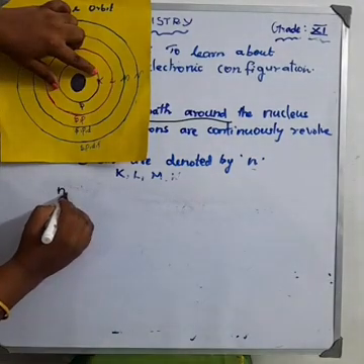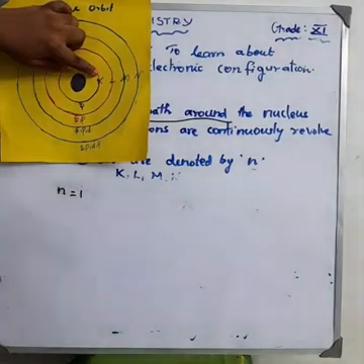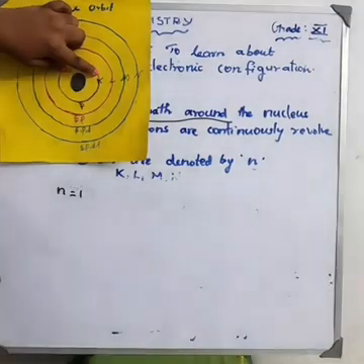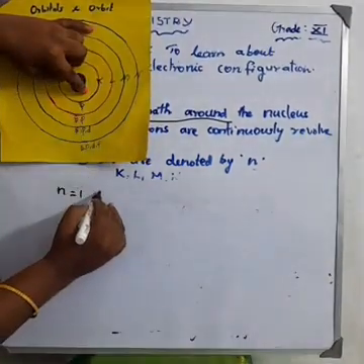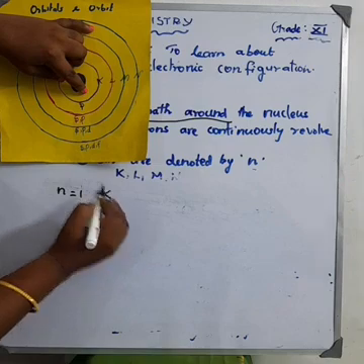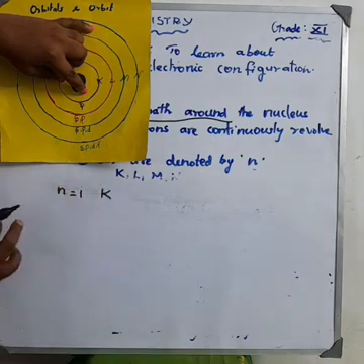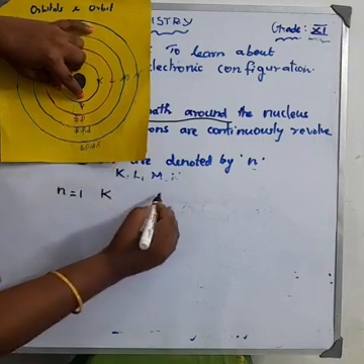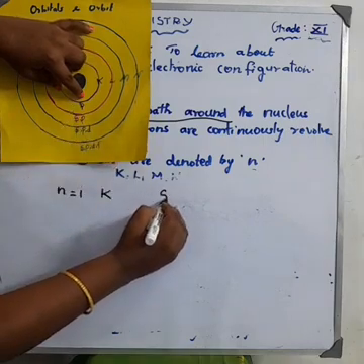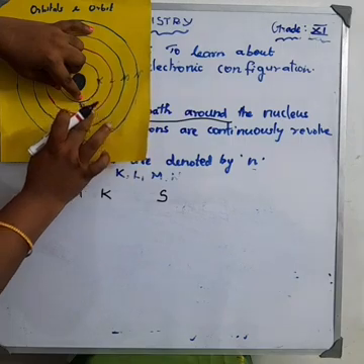When n is equal to 1, it means K shell. The K shell consists of only one subshell.